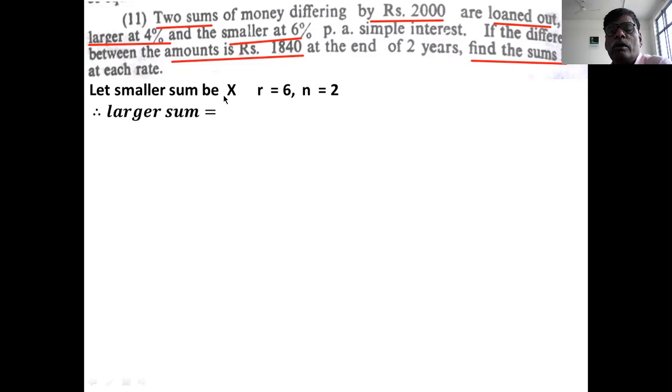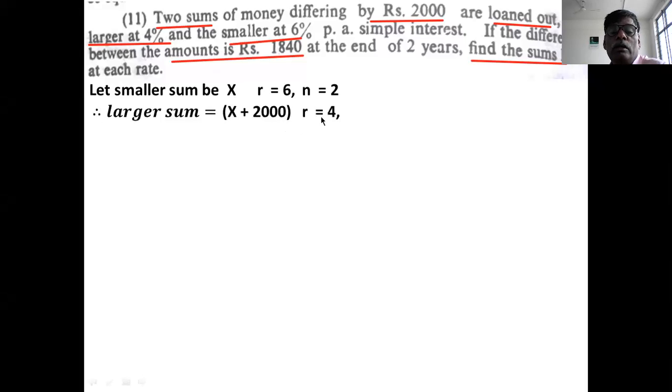Smaller sum is x, so the larger sum is 2000 plus x. The larger sum is 2000 more than the smaller sum, so x plus 2000 is the larger sum.